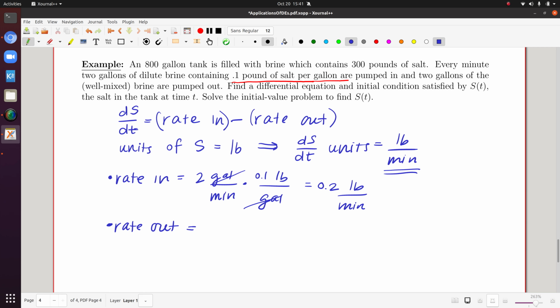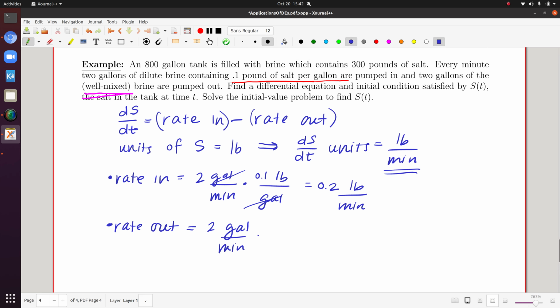Now, the rate out is a little bit harder. We're still seeing that 2 gallons per minute are going out. But if I have to think about the proportion of salt to gallons here, I have to use this notion of well mixed. So if we think about what that means, we know that at any given moment, there's 800 gallons in the tank because we're pumping 2 in and pumping 2 out. Well mixed means we can take all of the salt that's currently in there and mix it up in the total number of gallons.